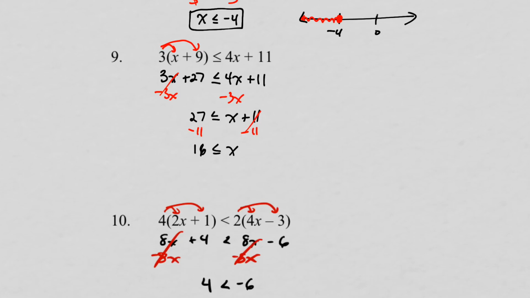And then this is written backwards, so it says x is greater than or equal to 16, so I'm going to go ahead and reverse that. And then we can graph it. And we're done.